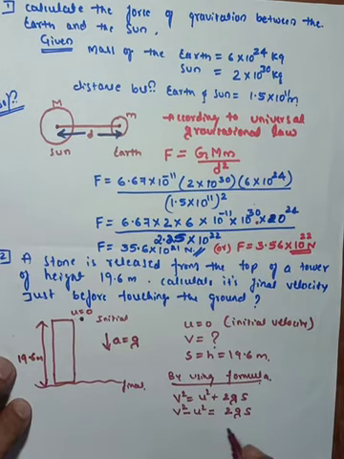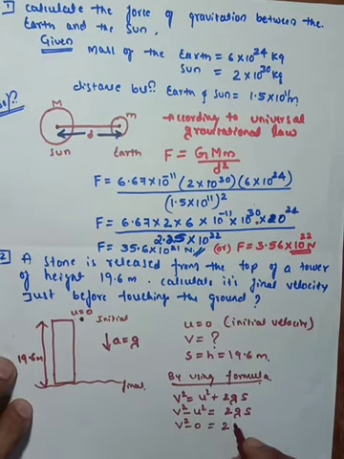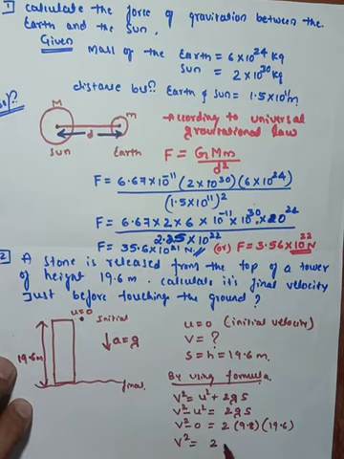Here u is 0, so v square equals 2 into 9.8. The g value we already know, s is nothing but 19.6, so v square is 2 into 9.8 into 19.6. 2 into 9.8 is 19.6, so 19.6 into 19.6, v square is this much.